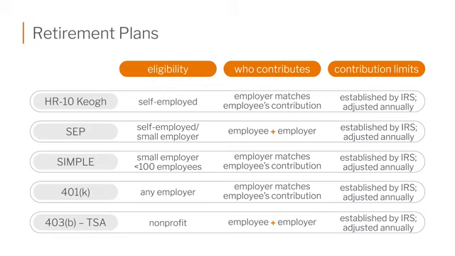A test question you might see about a TSA asks what type of annuity has zero cost basis. We haven't used the term much, but cost basis means money that you've already paid taxes on. Well, we just said on a TSA, the money comes out of your paycheck before taxes, so it's pre-tax.